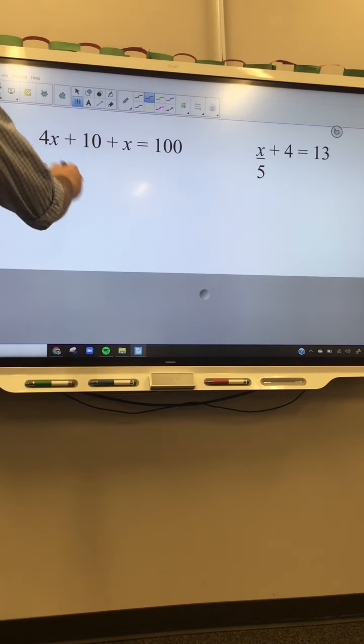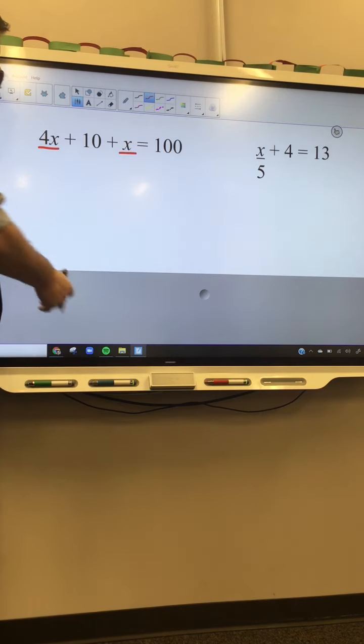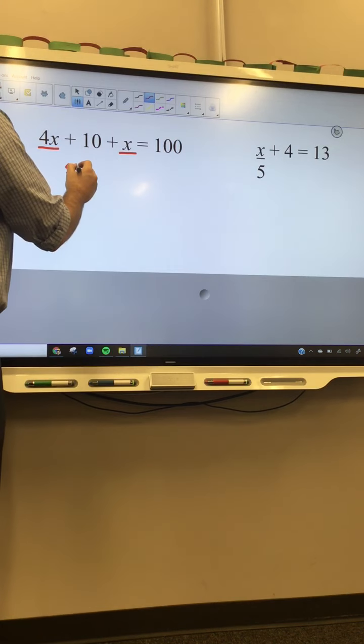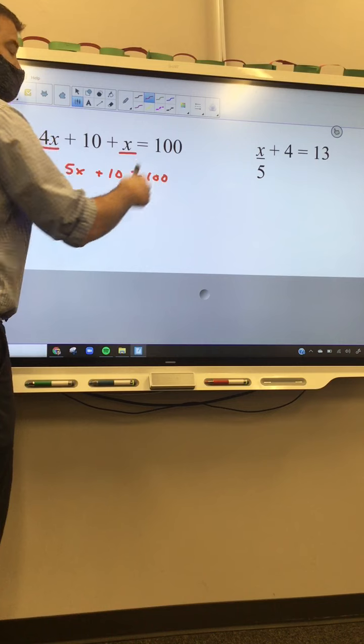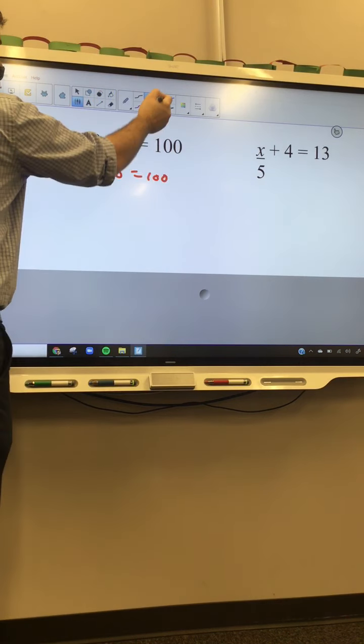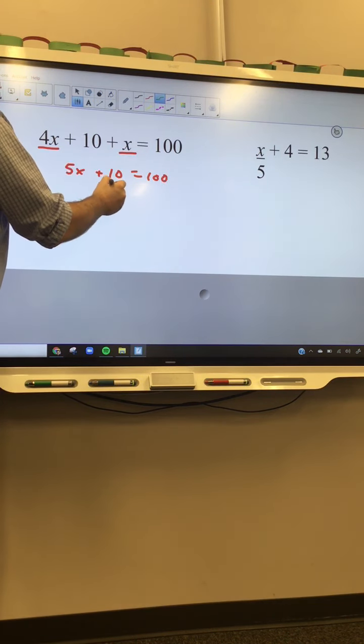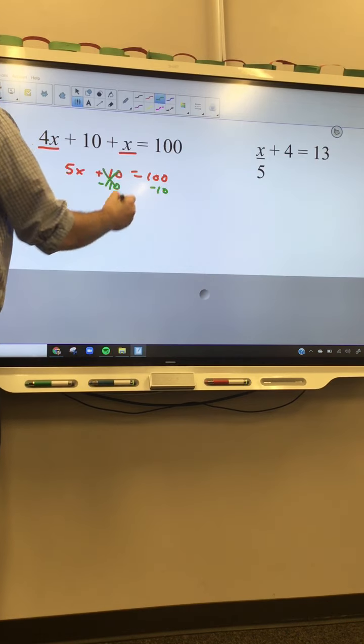The other thing you might have noticed is I've got two groups of x on the same side. I would probably combine those first, that's your combination of like terms, right? So I would probably rewrite it as this first before I start subtracting by 10. But if you did subtraction by 10, it's still going to work out okay. Combine them afterwards.